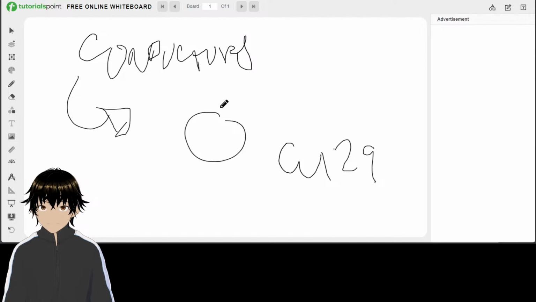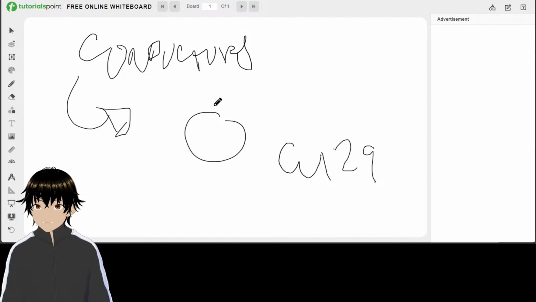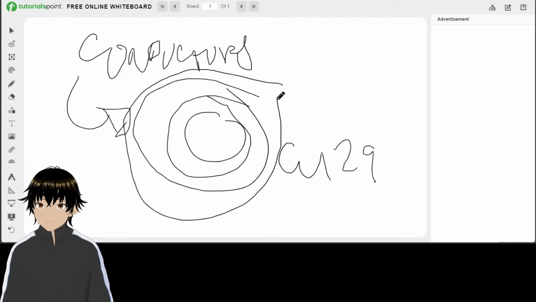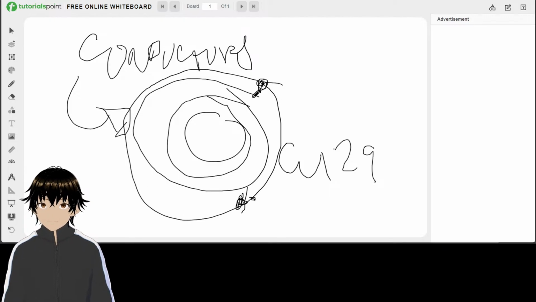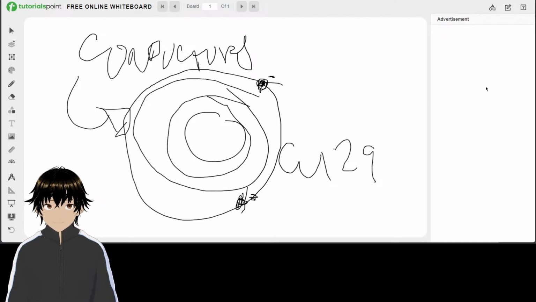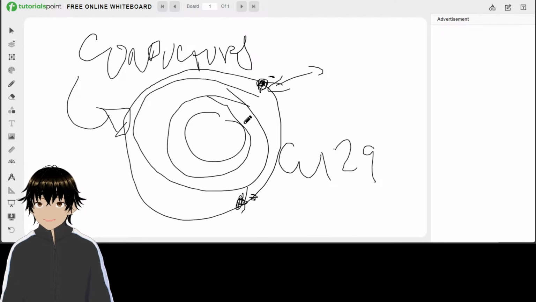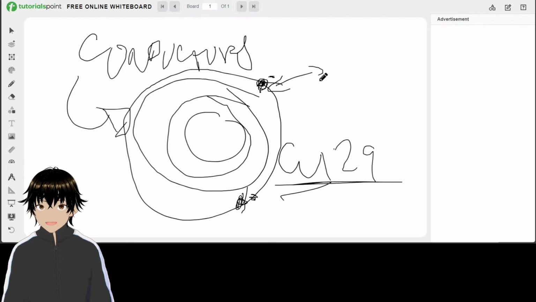Let's say this is the nuclei, and we have a couple of shells here, and the very outermost electrons, what we call valence electrons. These valence electrons can be ripped apart from the nuclei of the atom, of, let's say, a copper atom. You can easily rip them apart.